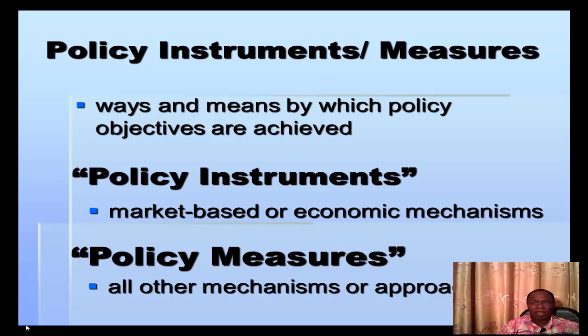Many people are afraid to use LPG. They are scared that it is dangerous, it might blow up and so on. And therefore the government or an agency might decide to spend money educating people on the safety aspects of LPG and what it can do or what it cannot do. So those are all things that people tend to refer to collectively as policy measures, as opposed to instruments that are more economic based, more market based type mechanisms.